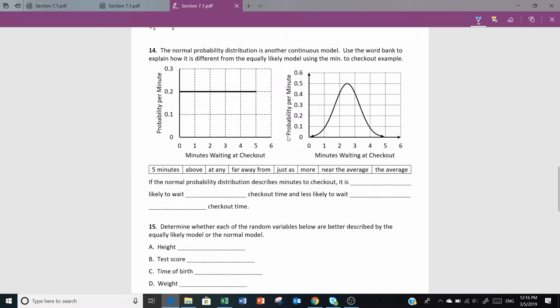So, hint, we have areas where it's more likely and areas where it's less likely, because we have a higher probability per minute in the middle than we do on the sides. There's more probability per minute happening in the middle versus on the sides.